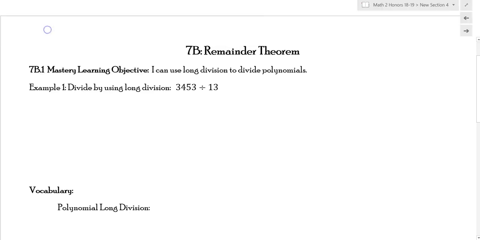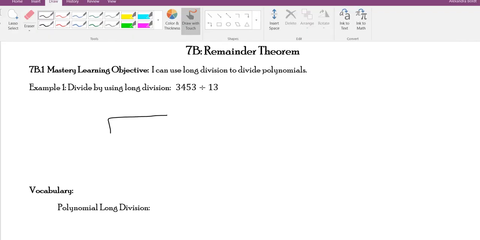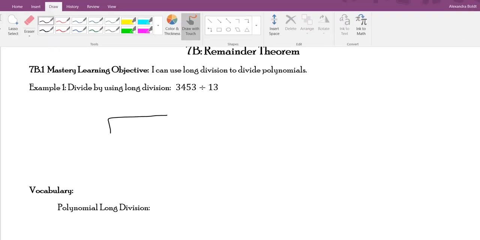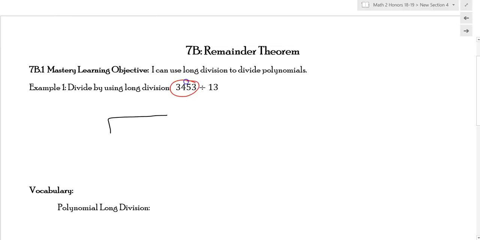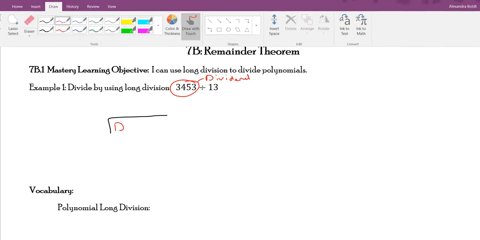So, remember how we set up long division is you create what I call a house. This number, we call the dividend. It's what's being divided. And that goes under our house.